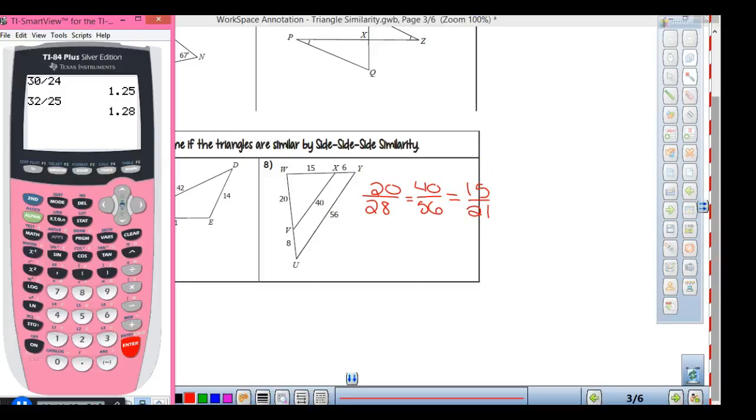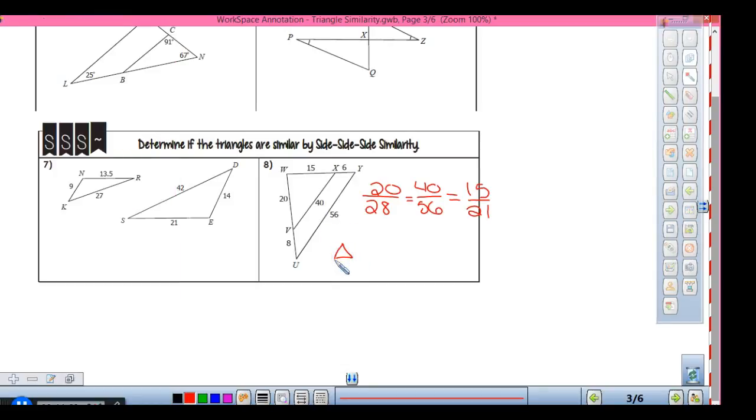So let's check our stuff here. We've got 20 divided by 28, 40 divided by 56. Oh, look at how equal those are. 15 divided by 21. Are they all the same? Yep.